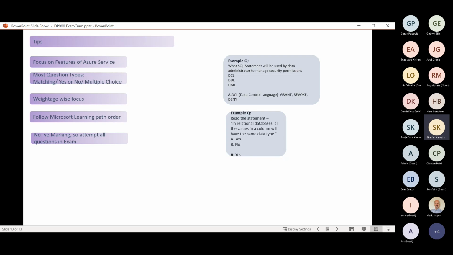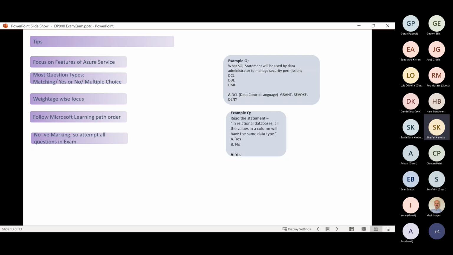So the whole foundation of the exam is on features of the Azure services, and definitely they are also describing data concepts. But the focus is on the features of what you're reading. They are not asking you to do any extraordinary next step on it, but what it is, how it is used, or what will be your approach if you are on the job and your organization has some use case. So firstly, you need to be aware.